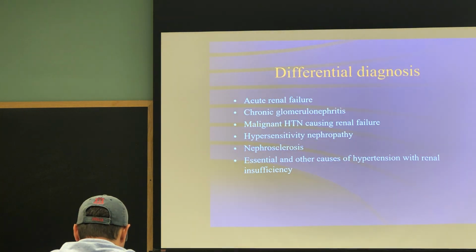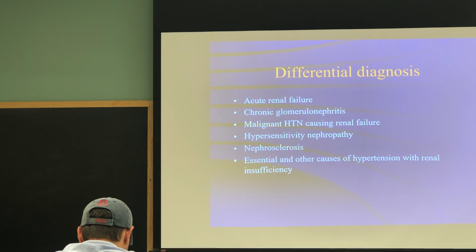It doesn't help. You give diuretics and it gets worse. You give ACE inhibitors and it gets worse. You give fluids to see if the patient has pre-renal acute renal failure, and it doesn't improve. You try to look for medications that can be an insult for the kidney, and there's none, or if there is, you remove them and it doesn't help.